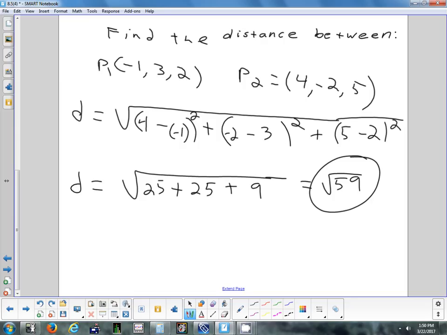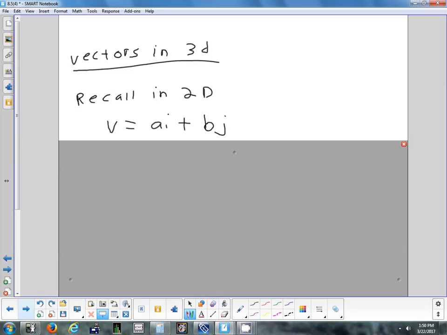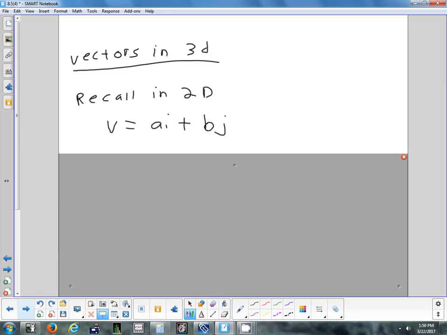Okay. So, remember, in 2D, if you want to write a vector in unit vector notation, you have a horizontal component times i plus a vertical component times j. Or if you want to talk about it more generally, an x-axis component and a y-axis component.